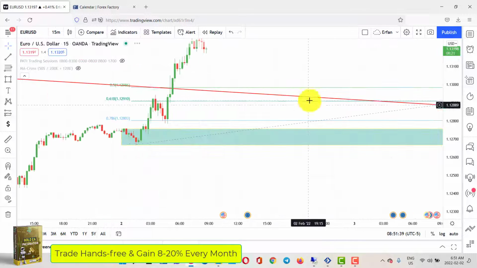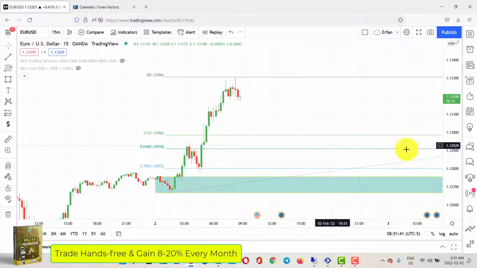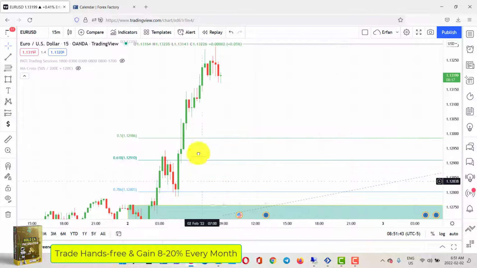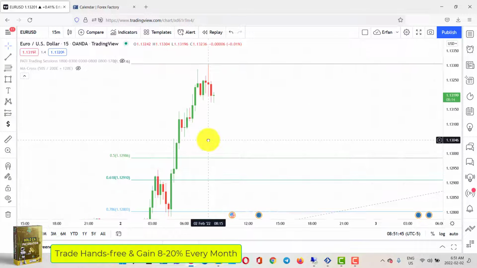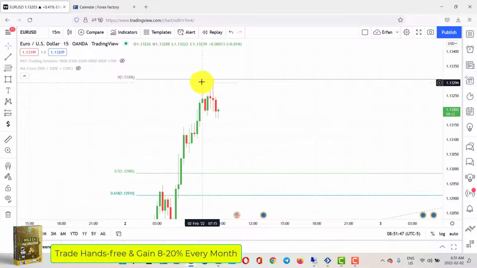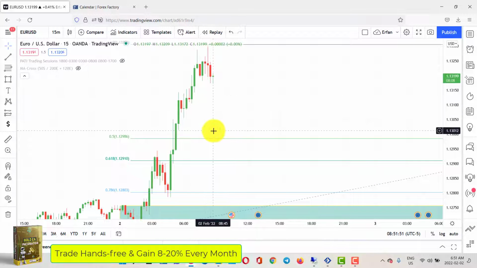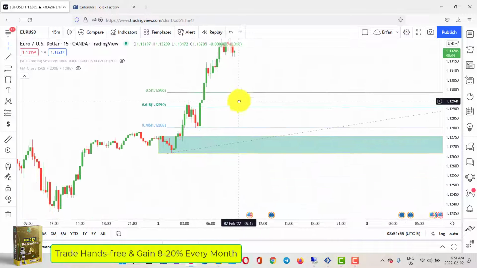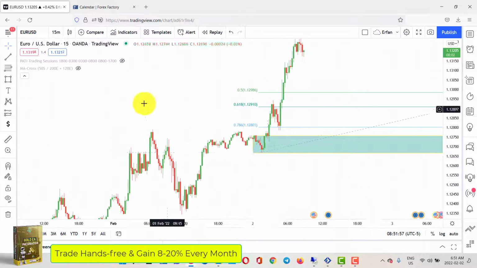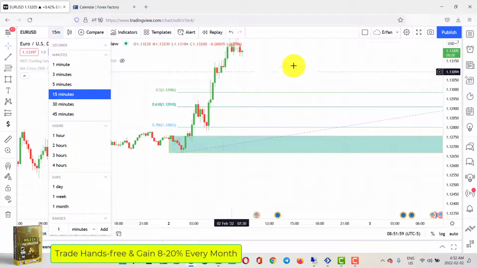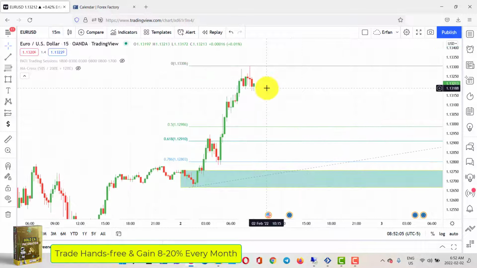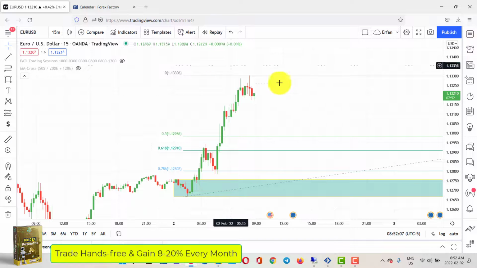Okay, so let's go to 15 minutes. In 15 minutes, there's no order block, but I can see some consolidation. So it's probably doing some correction right here to tap into these zones, and then we can probably take a trade. Right now, there's nothing, and if it wants to do any kind of correction, it's gonna take long, guys.